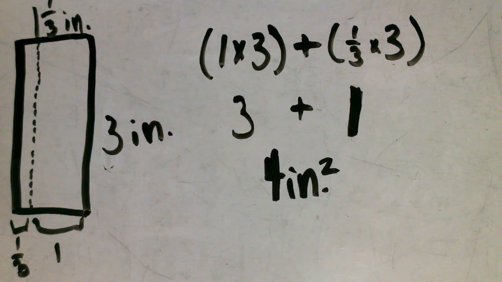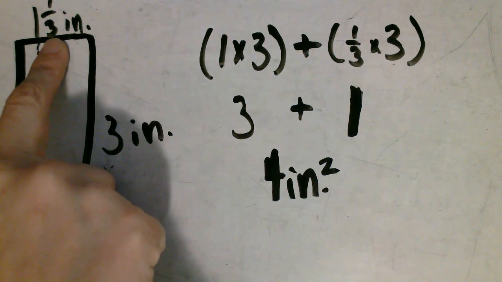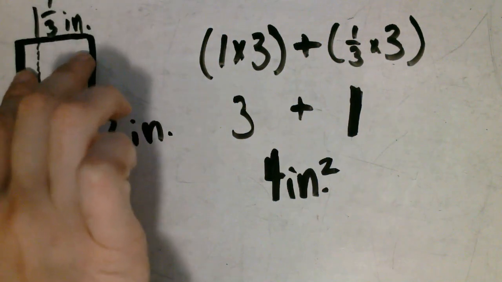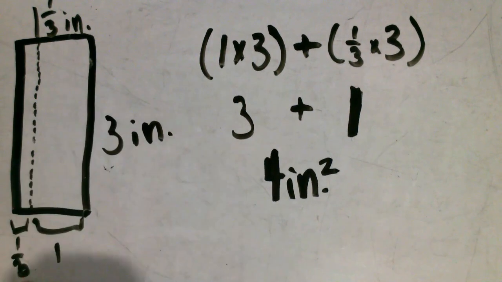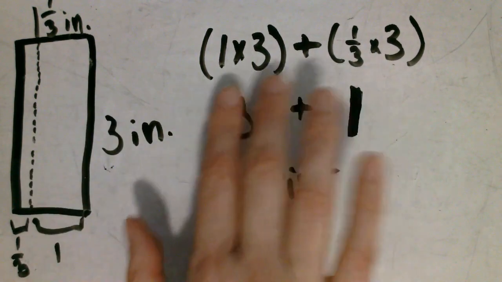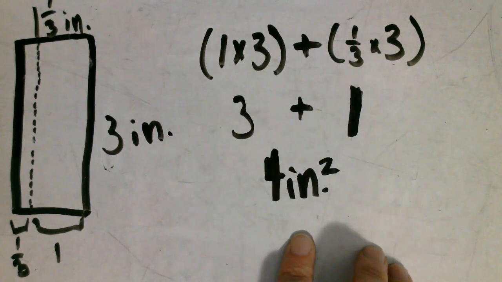Now, mathematicians, you're going to continue to use the distributive property to help you find the area of rectangles. You're going to take the fraction or the mixed number you're given and break up your rectangle to represent the 1, or whatever your whole is, and then your fraction part. Then you'll multiply the two separate partial products and add them together to get your total.